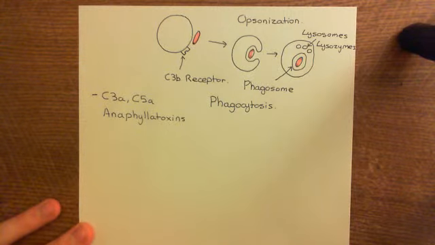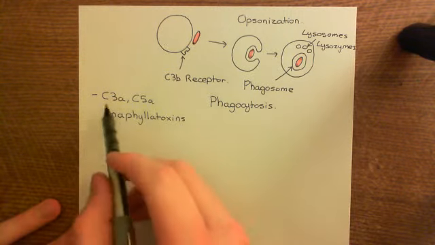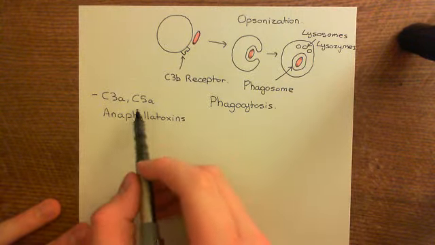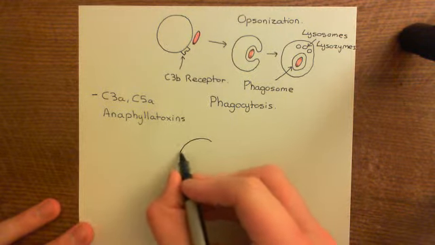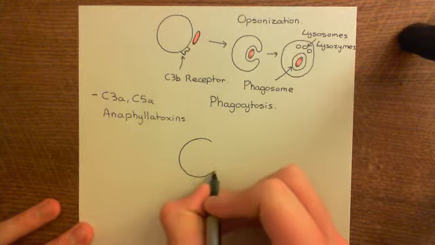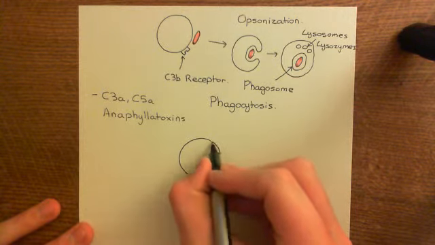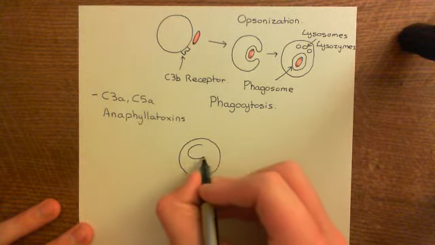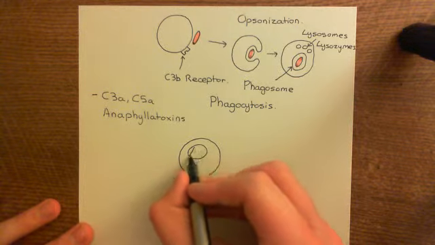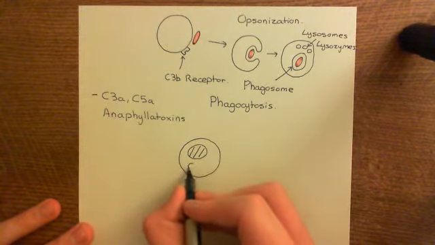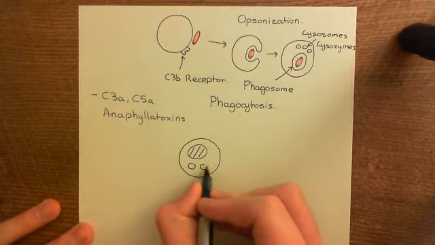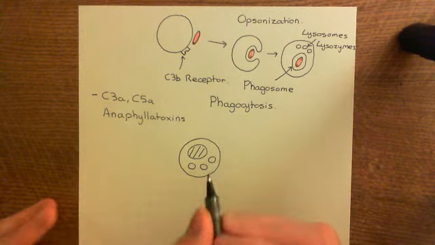Well, when the complement cascades are established, you end up producing C3a and C5a, and basically they have receptors on mast cells. Remember mast cells, the sentinel cell that is dotted around all over your body, in all of the tissues of your body, and they're filled with these granules which contain histamine.